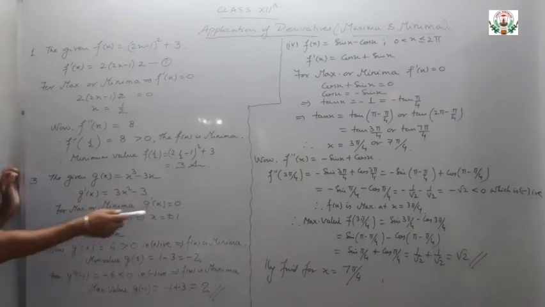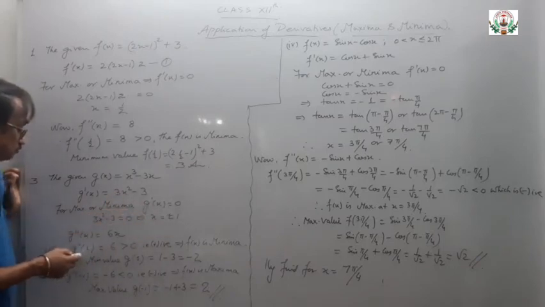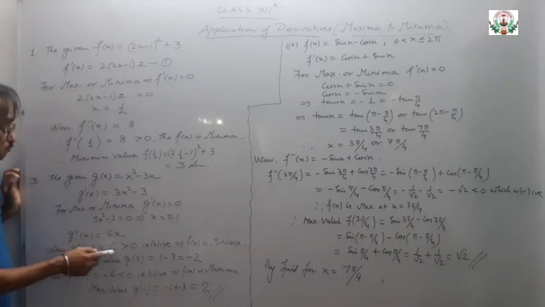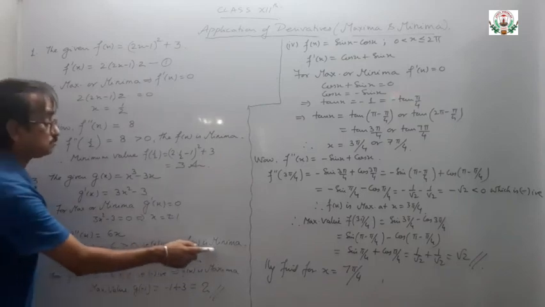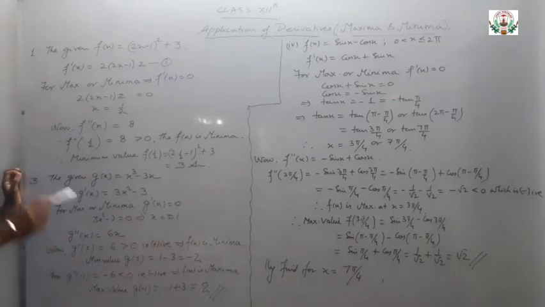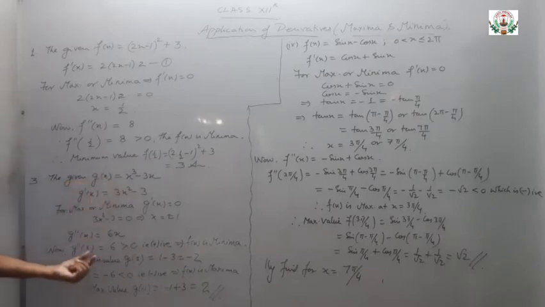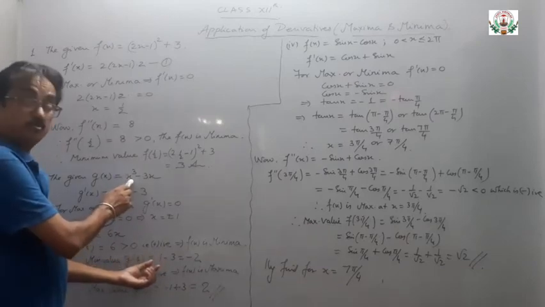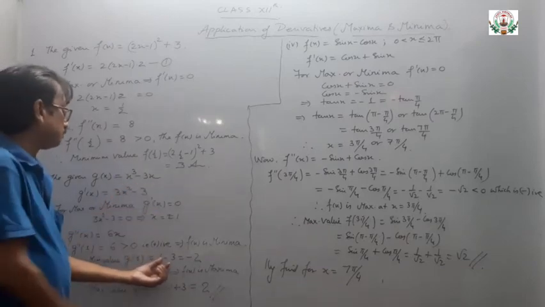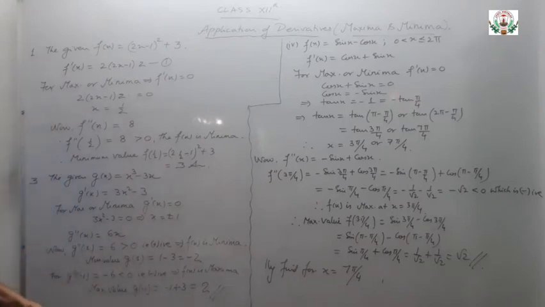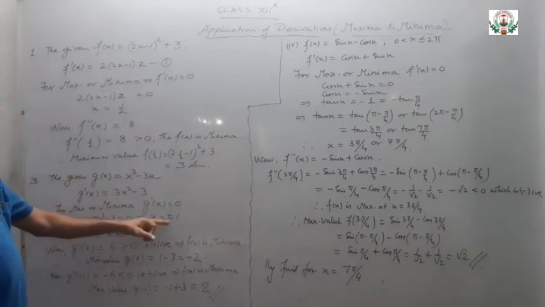When I take x equals 1, g double dash of 1 is positive, so it is minimum, and the minimum value will be calculated by putting x equals 1 in the given function. So g of 1 will be 1 cube, 1, minus 3 into 1, 1 minus 3, that is minus 2, its minimum value. Now there is one more point, x equals minus 1.